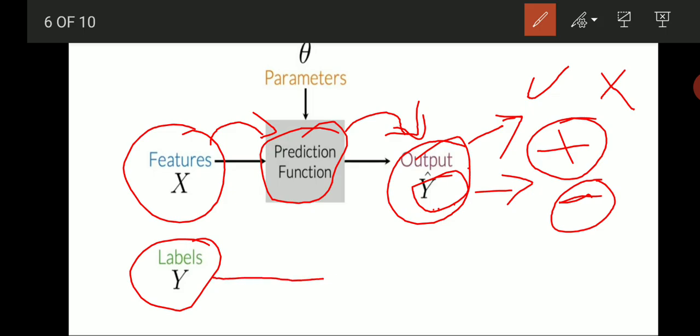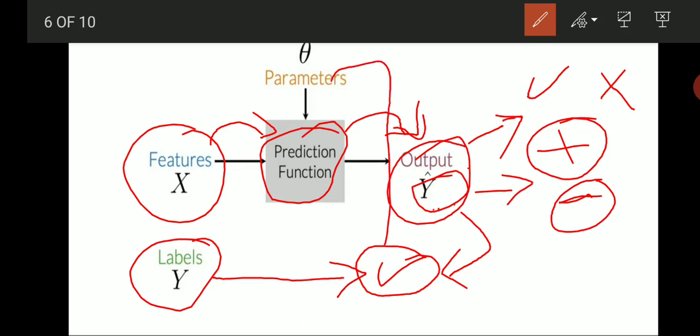We compare Y with Y hat, the actual output with the prediction. If it's right, then this is good. If it's wrong, then we should improve our prediction function. How to improve it? By improving the parameters, or theta. We'll talk about that in the next few videos.